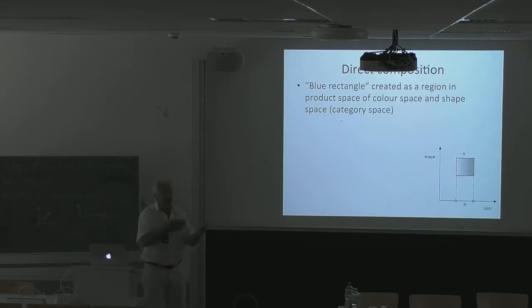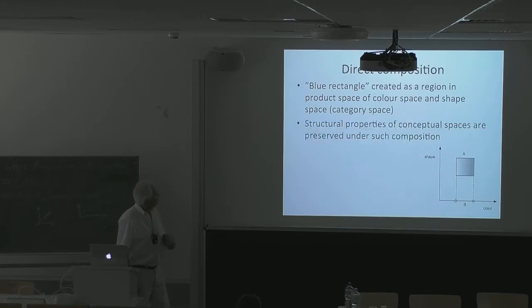I mean, that's simply making the product space, taking the intersection of the two regions in that space. Nothing is sensational, and that works very well for the cases where there is no conflict between the head and the modifier here.